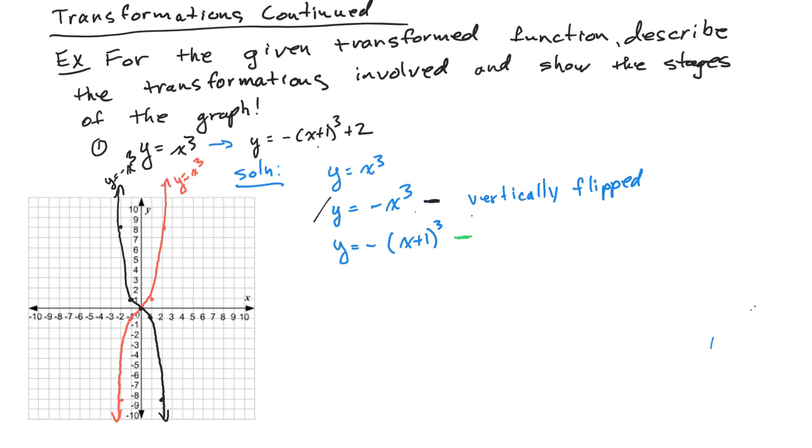So you could say either shift left or horizontal shift. And how much is that? Left 1. So we take that and move it to the left 1. Now we take each of the stuff that's in black and move it over one spot.